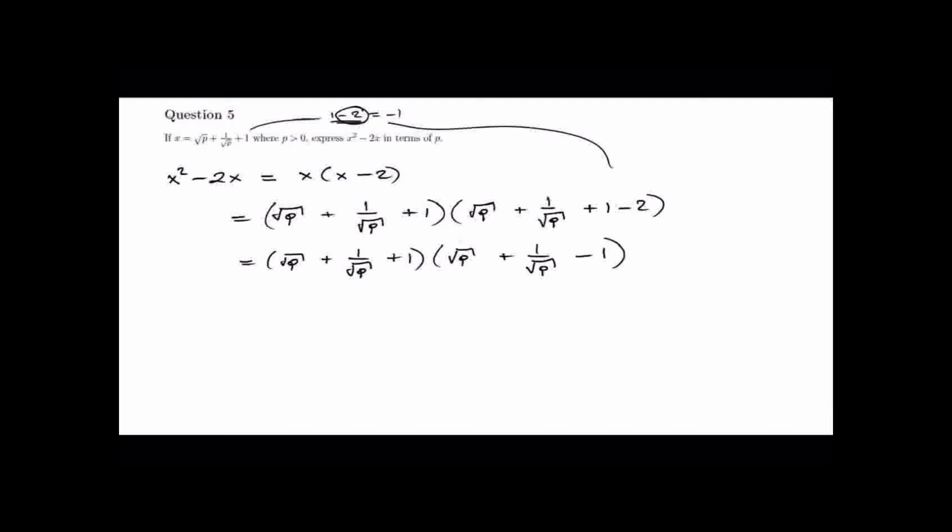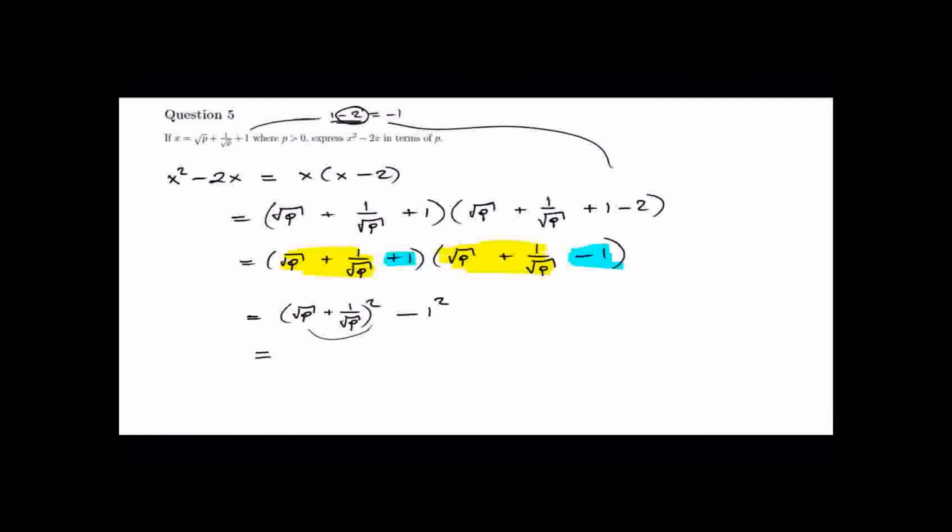Now you can clearly see that this part here is the same as this part here, so the two yellow bits are the same, and then the two blue bits are the same, but they only differ by a sign. So obviously, this is actually the difference of two squares. So it's going to be root p plus 1 over root p squared minus 1 squared.